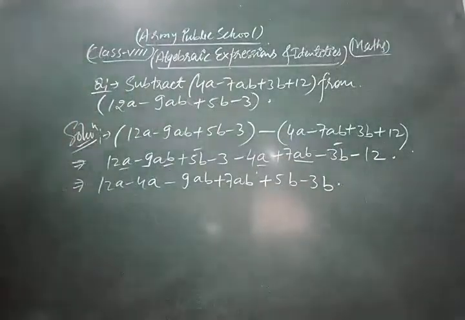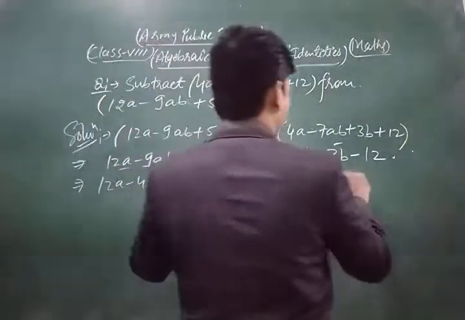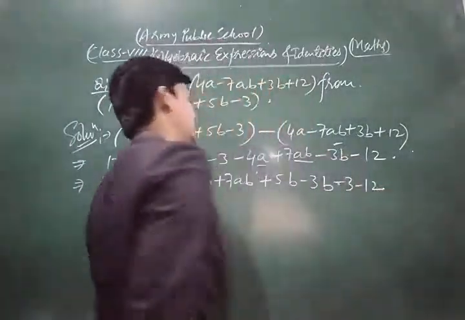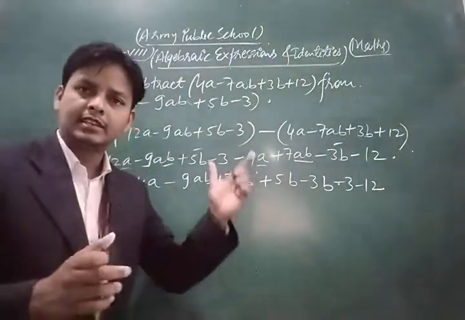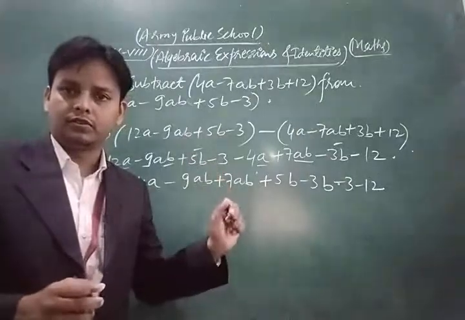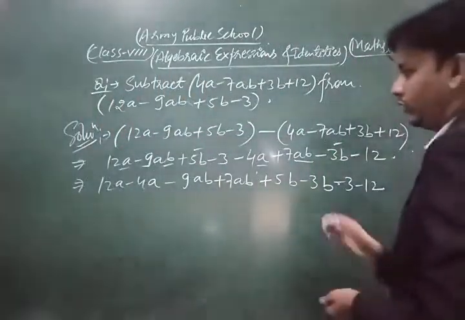And the constant terms are minus 3 and minus 12, so minus 3 minus 12 together. So first of all we collect the like terms. Now look, we solve them.